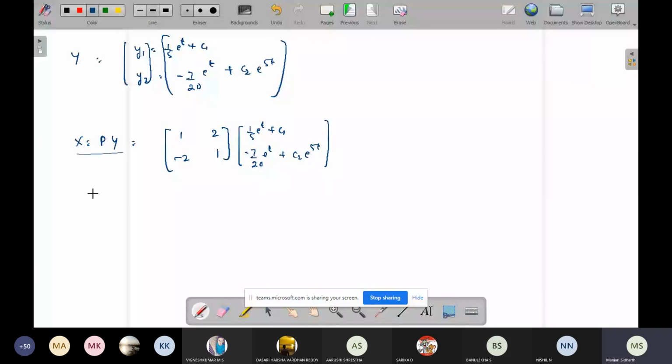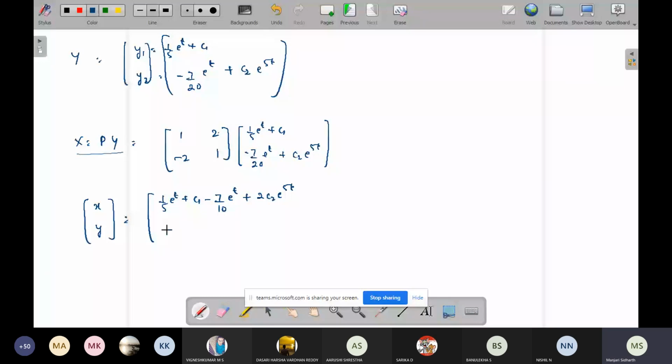This is your x. If you write it this way, multiply: 1 by 5 e power t plus c1, and 2 times, that means 7 by 10 e power t, 2 c2 e power 5t. This is the first element of this column matrix.